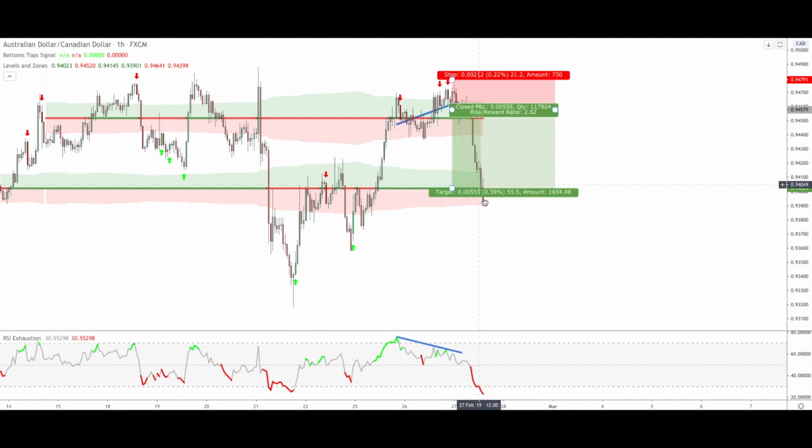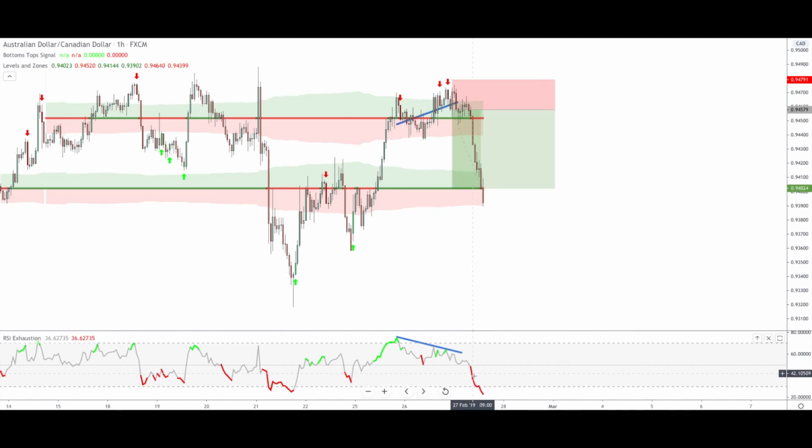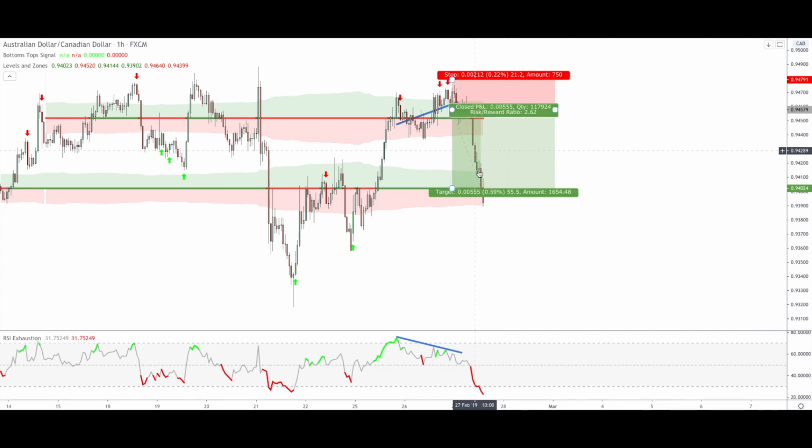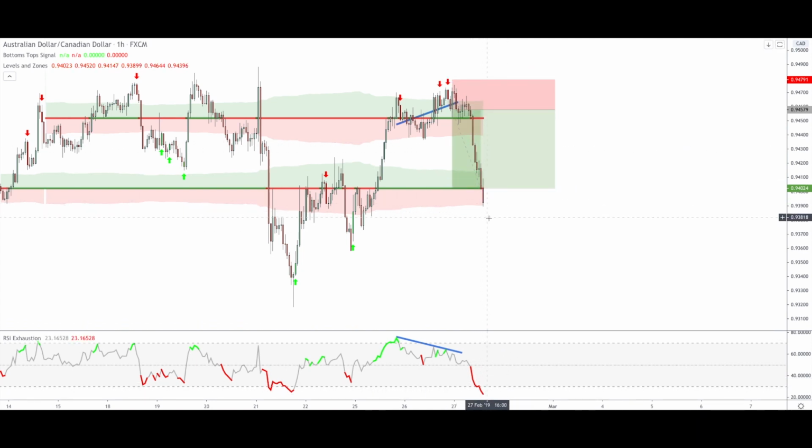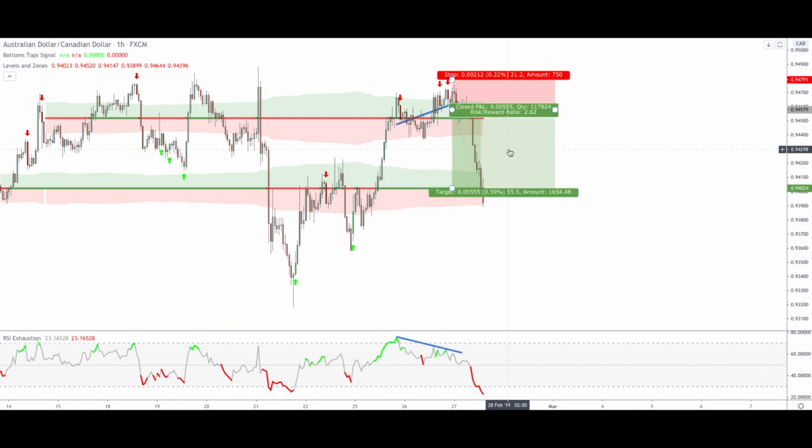The RSI continues to fall, and as long as it stays oversold and exhausted, considering the price moves this fast, it can continue to fall quite substantially, and the RSI can stay oversold and exhausted for a prolonged period of time. So our trade was very safe, and so we got what we wanted.